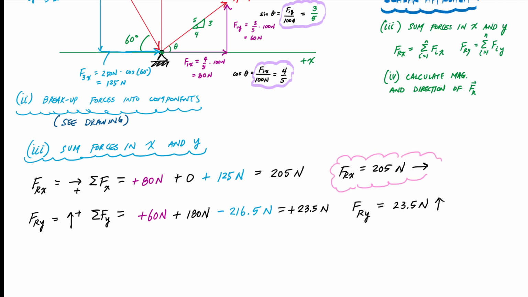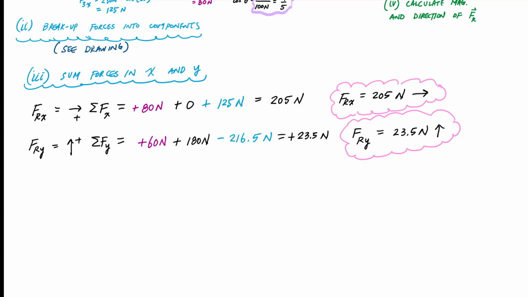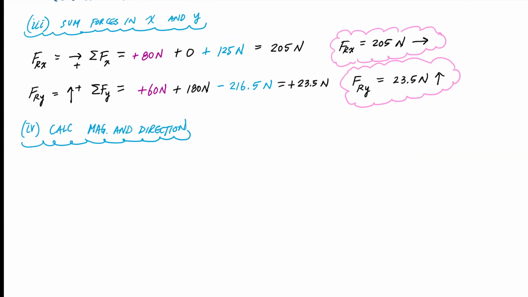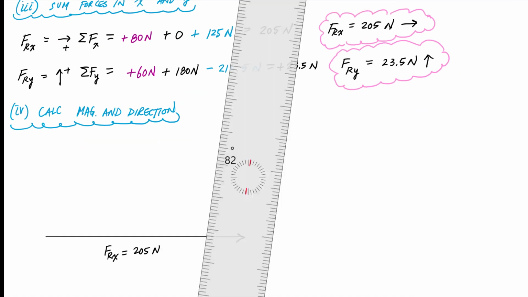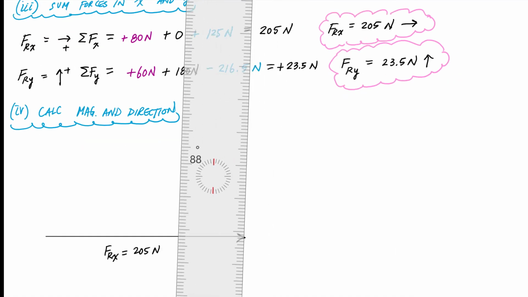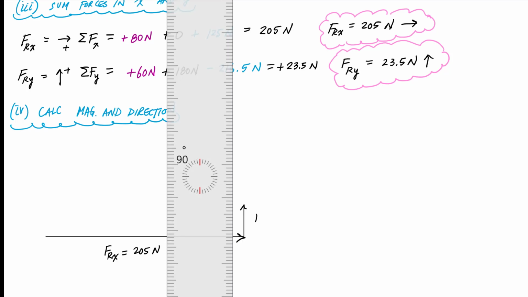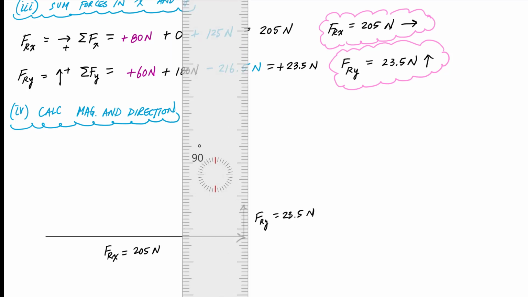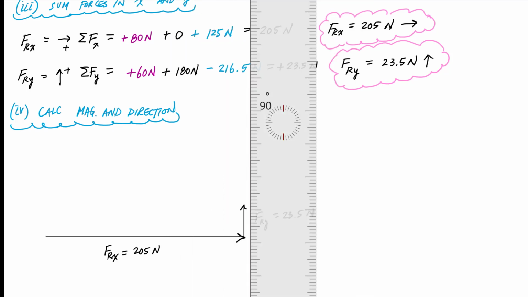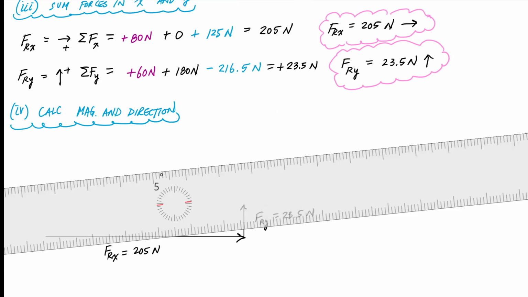I know the components of the resultant force, and so now I can just put it together to determine magnitude and direction. I like to make a little sketch here. So I know the x component is 205 newtons horizontal, relatively speaking, a very small vertical component, FRY pointing up. And this is my vector triangle for the total resultant.